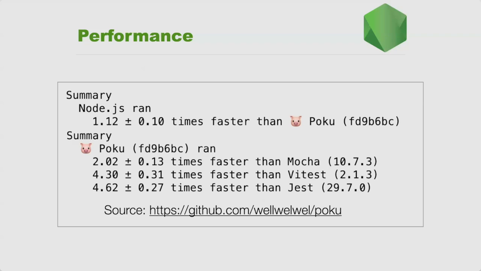I went out looking for kind of benchmarks that may have already existed for the test runner, and I found this other test runner called Poku. I hope I'm pronouncing it right. The idea is it's supposed to be a test runner that works across all of the different runtimes, like Deno and Bun and all of that. They force isolation, like test process level isolation.